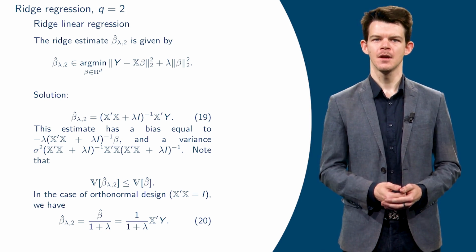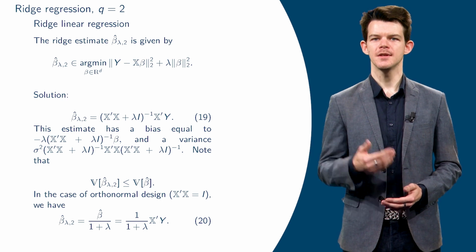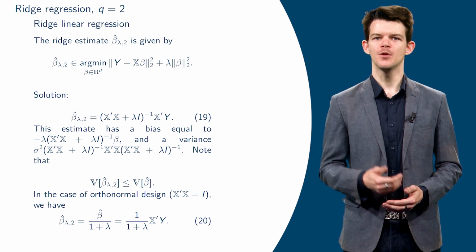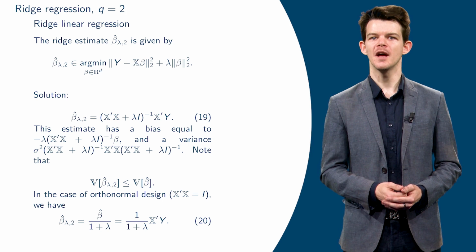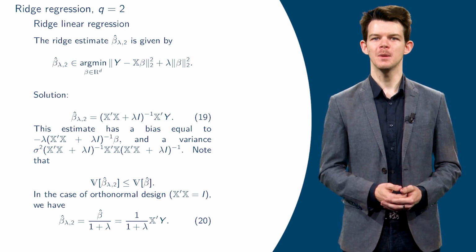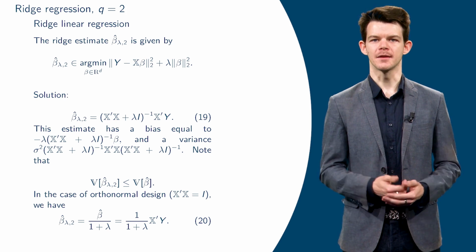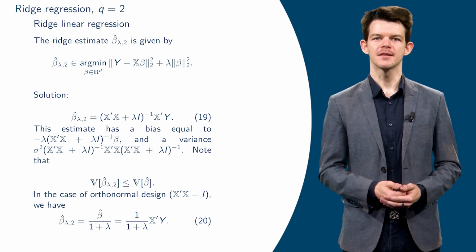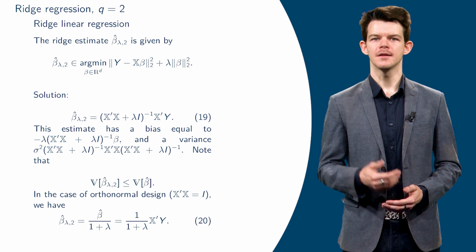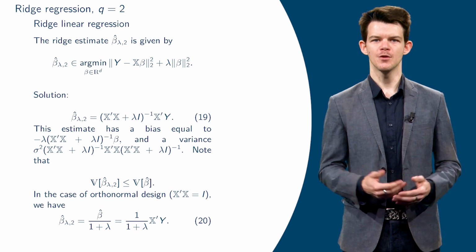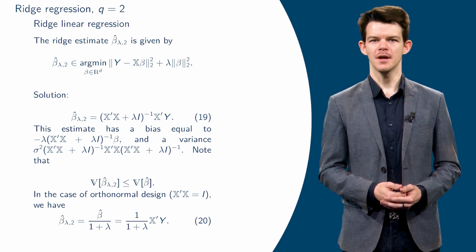Looking at equation 19, you see that solving the ridge regression problem involves inverting a matrix of the form X prime X plus lambda identity, whereas the original least squares problem involves inverting X prime X. If X prime X has very small eigenvalues, that is, if there is some strong correlation in the variables, inverting X prime X is numerically unstable.